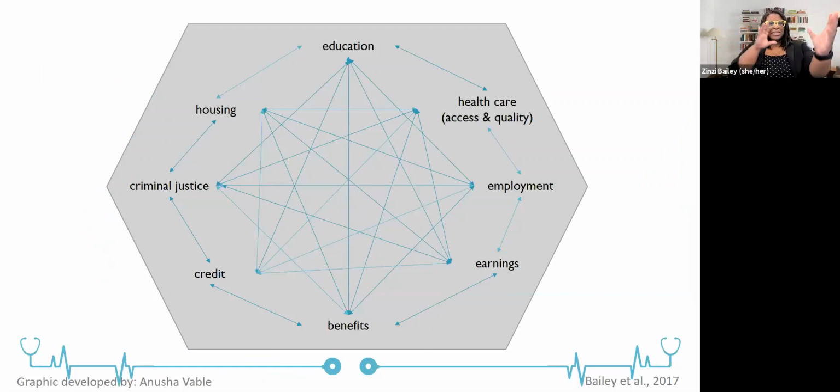Again, to put it in a different way and a different graphic, we can also demonstrate these mutually interacting mechanisms more broadly. This image, developed by Anusha Vable based on my 2017 Lancet paper, seeks to depict graphically the mutually reinforcing inequitable systems operating within a society steeped in structural racism.